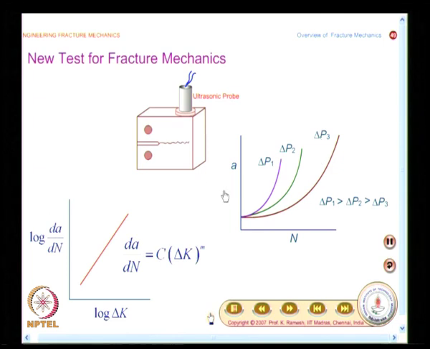In general, when you change the amplitude of the loading, these graphs also will differ, and you start with the initial crack, and these are called crack growth curves.